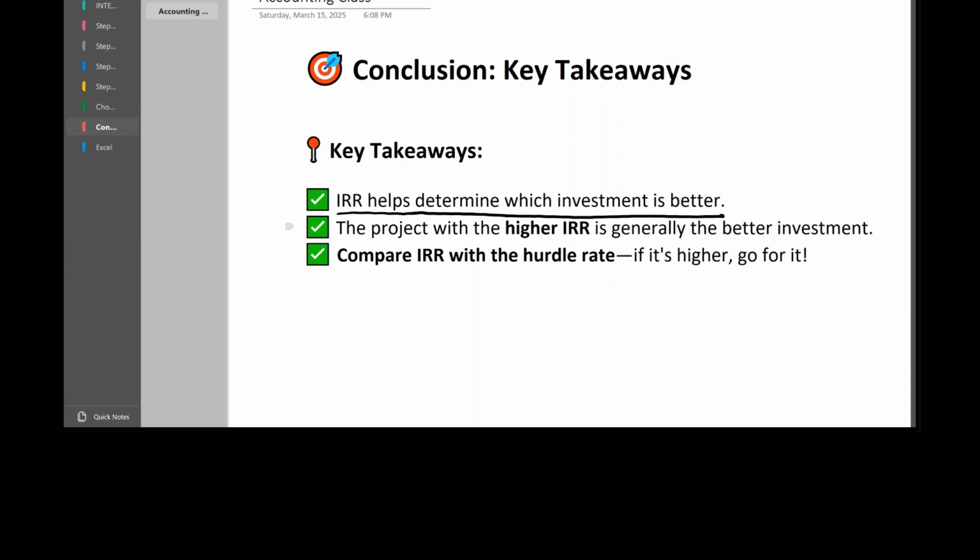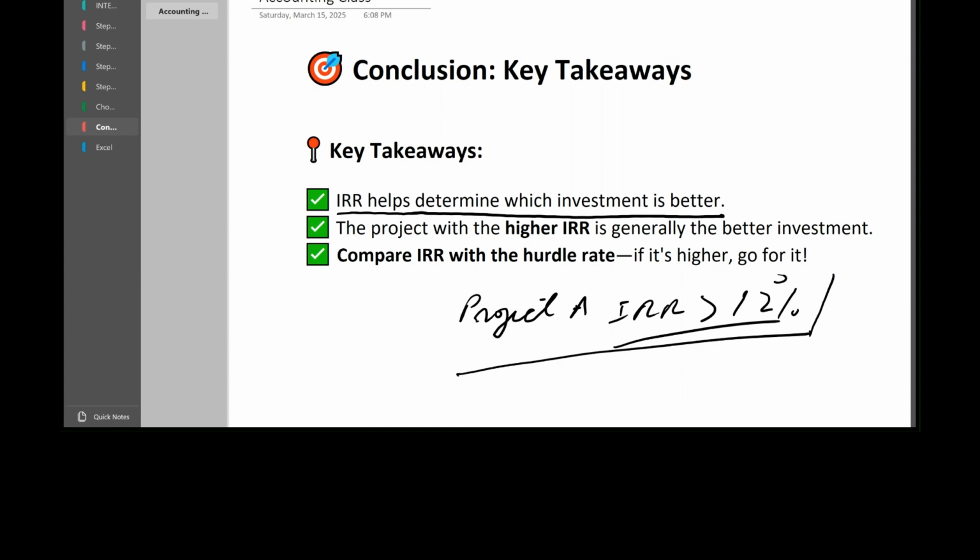In this case, we know that A is better. Its IRR is greater than the 12% hurdle rate. So the company is going to choose to implement project A.